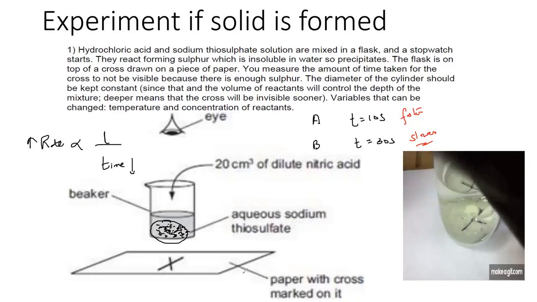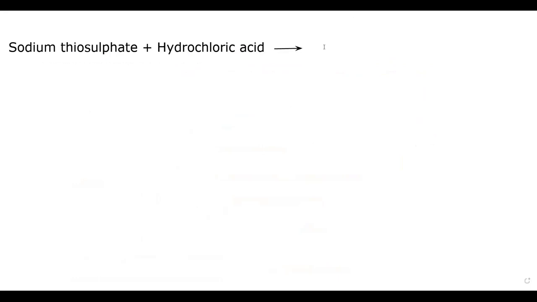The common reaction we use for this is when sodium thiosulfate is mixed with hydrochloric acid. When sodium thiosulfate is mixed with hydrochloric acid, when they react, what does it form? It forms sodium chloride, the product. You have to learn this equation specifically for this reaction.